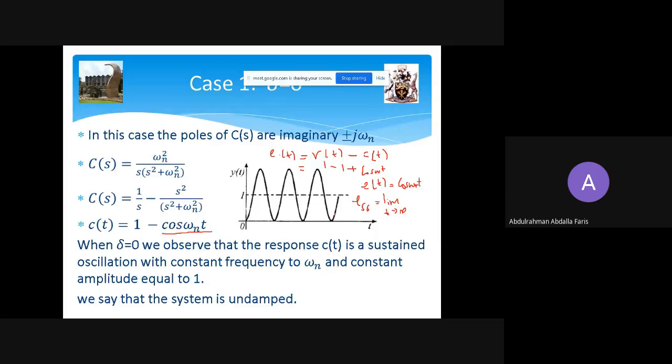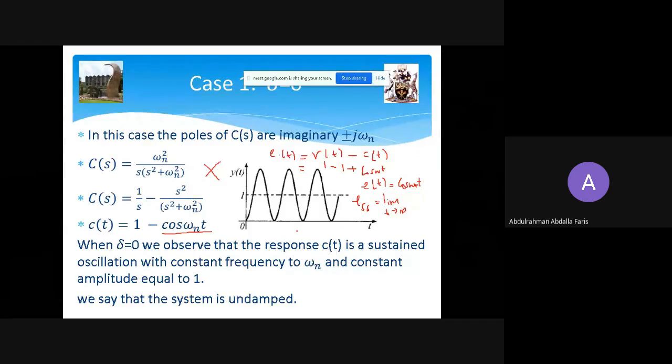So we cannot get a steady state error, and we cannot use this system, because it is just oscillating around the desired value, the input value, and it will go on forever.